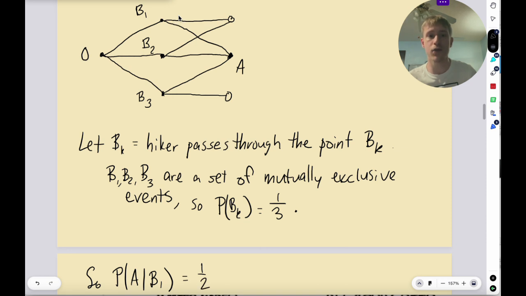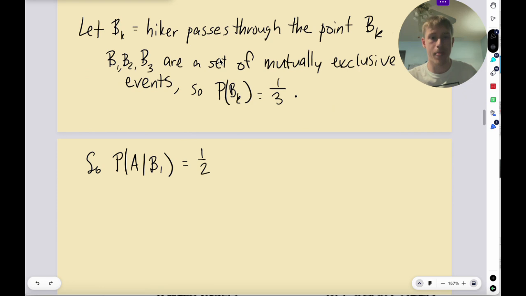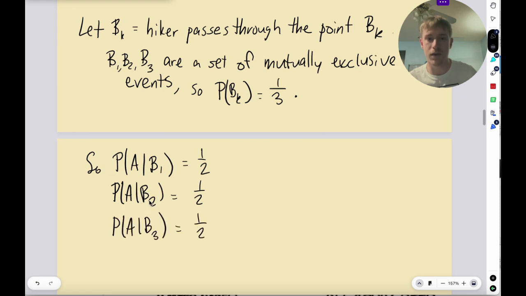Actually, if you look at all these other possibilities, if he's at B2, it's also similarly 1/2, and if he's at B3, it's also 1/2. Okay, so we have that the probability of A given B sub 2 is 1/2, and the probability of A given B sub 3 is 1/2. If you think this example is boring, I promise it gets more interesting.